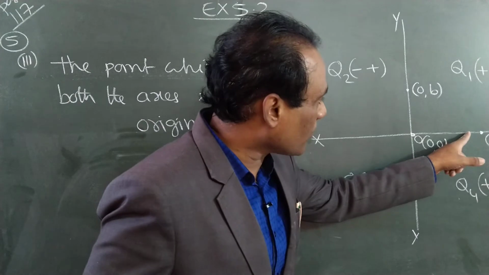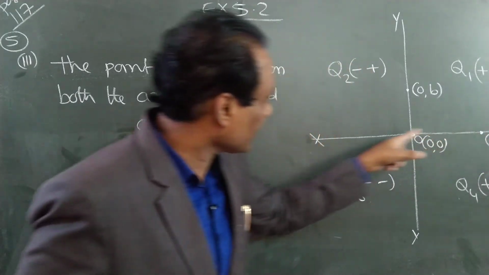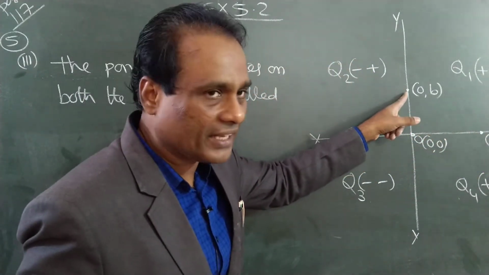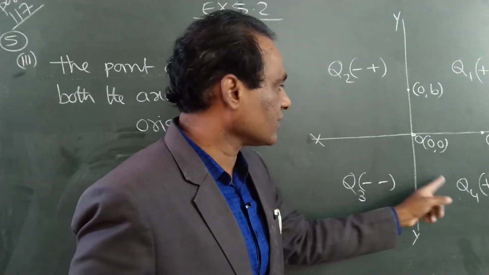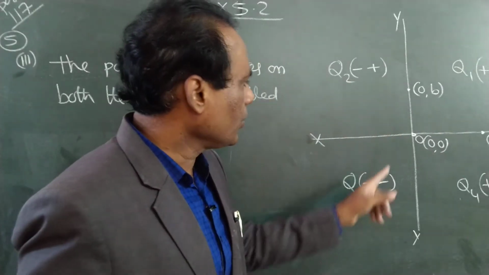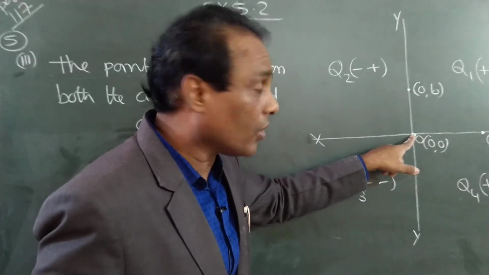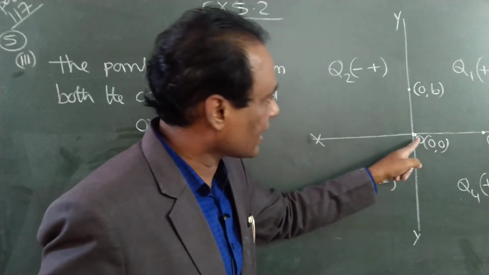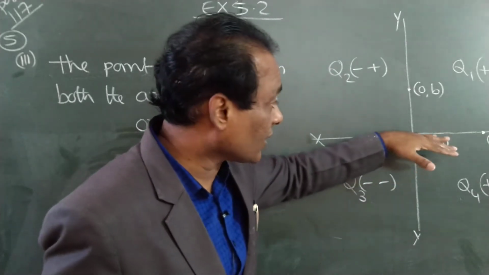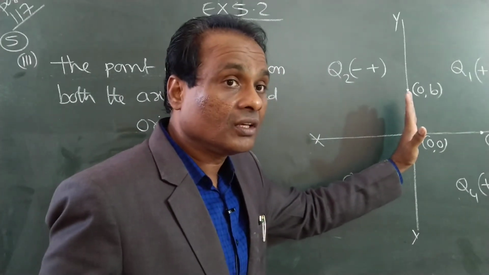See, if you take a point here, it lies only on the x-axis. If you take a point here, it lies only on the y-axis. If you take a point anywhere in this region, it does not lie on an axis. But this is the special point which lies on the x-axis and also lies on the y-axis. Which point lies on both the axes?